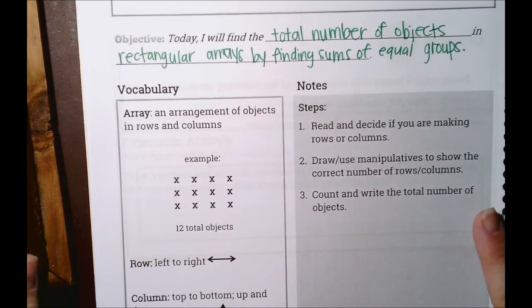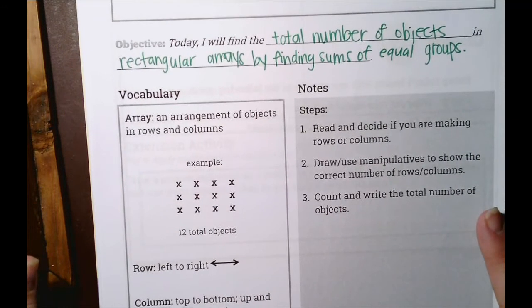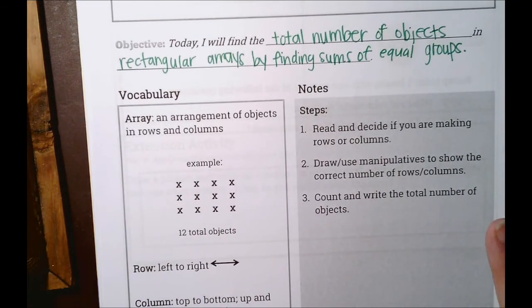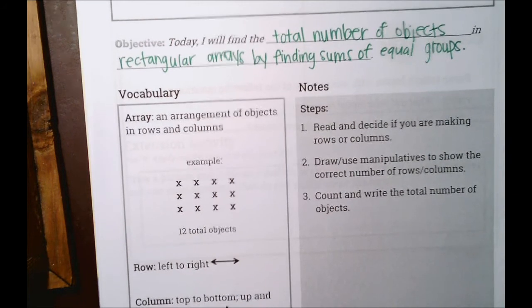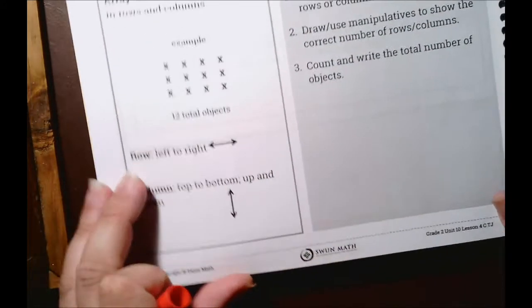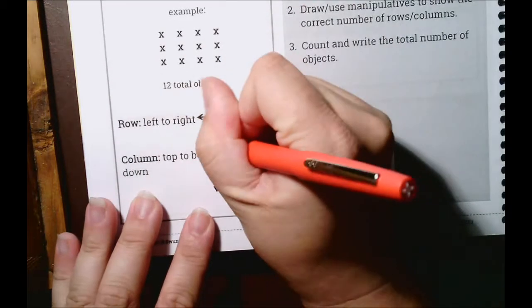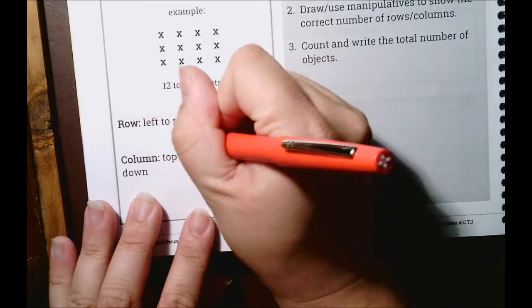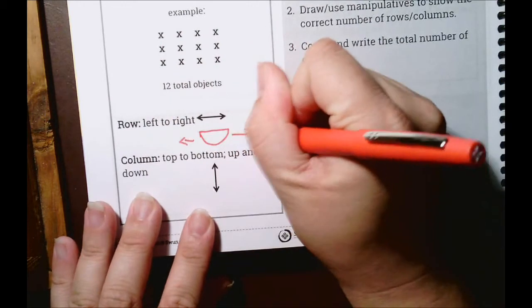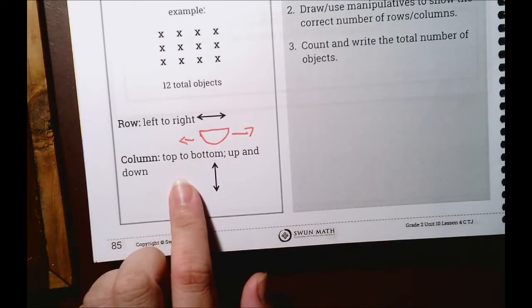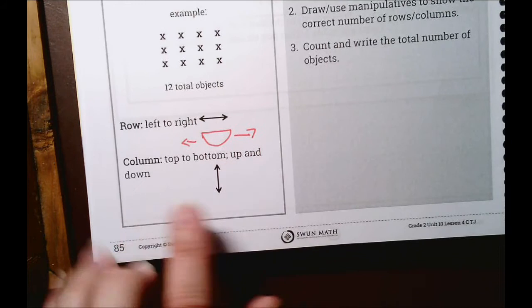Okay, so let's start off with the definition of array. An array is an arrangement of objects in rows and columns. Well, you guys are familiar with rows and columns. Remember that rows go left and right. And so rows, like you're rowing a boat, go left and right. And a column goes top to bottom or up and down.